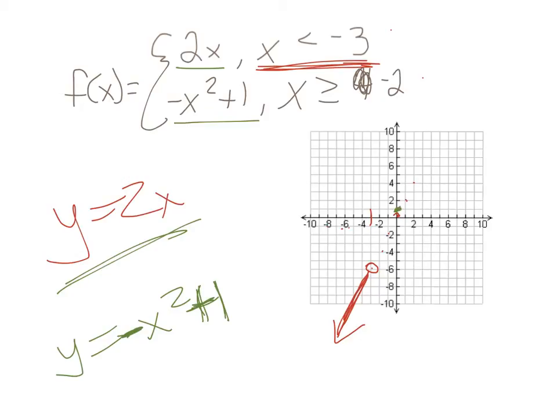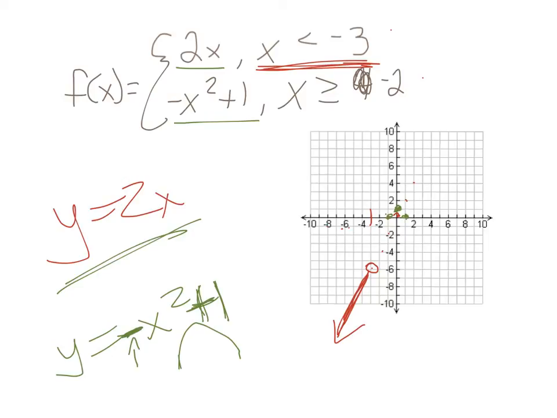So here's my vertex. I go up 1, and now I'm going to go down. It's going to be an upside down parabola because of that negative coefficient out in front. Now, if you know parabolas, you can either make a table with your calculator or just graph. I always knew the pattern, so I know from the vertex I go out 1, and then I go up or down, down in this case because I'm upside down.